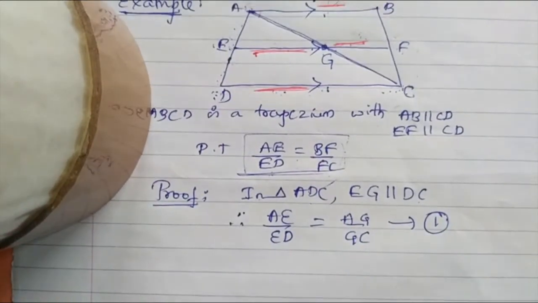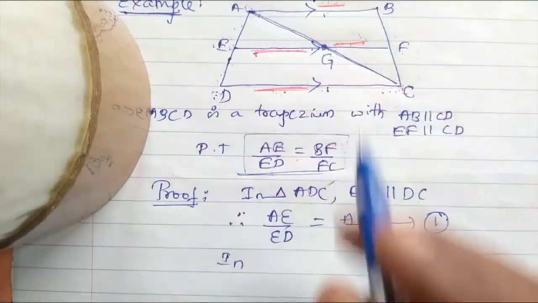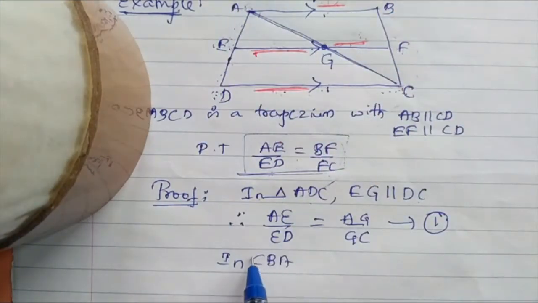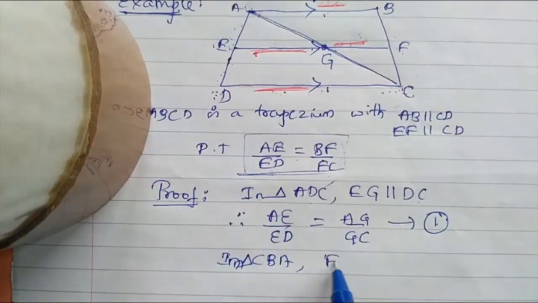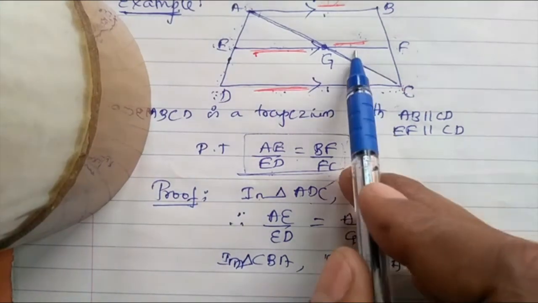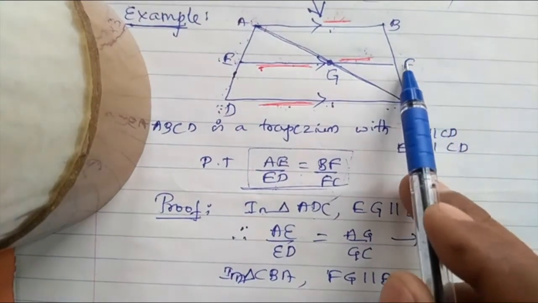So first mention the triangle. In triangle CBA, FG is parallel to BA. In any triangle, if two lines are parallel, then what can we write? BPT, that is CF by FB.